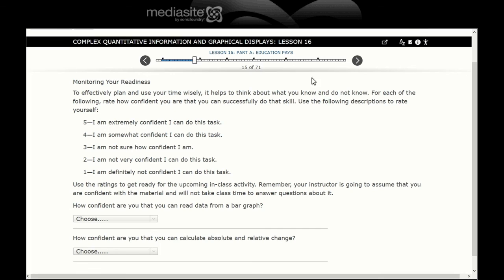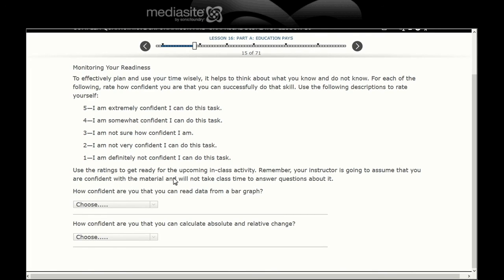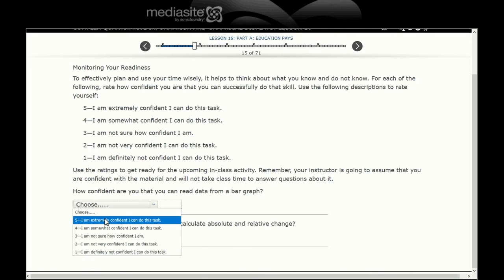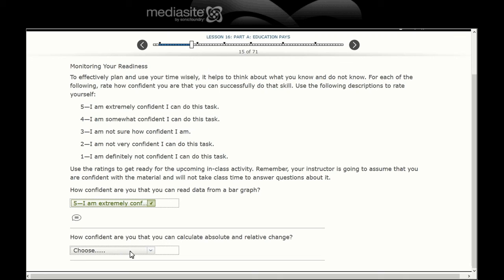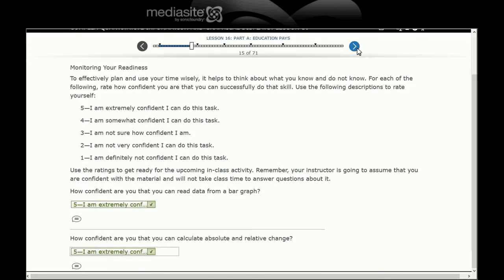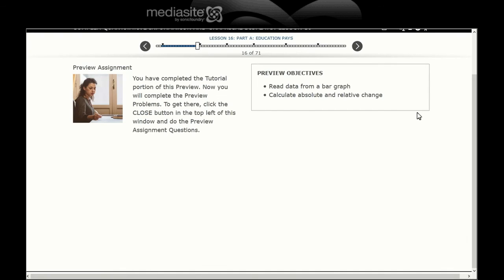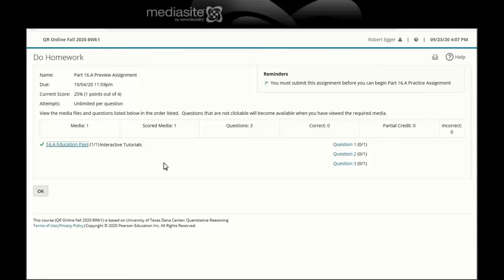And let's see. How confident are you reading data from a bar graph? I'm real confident. And calculating absolute and relative change, yeah. So, read data, calculate change. That's all she wrote. So that concludes the tutorial for Education Pays.